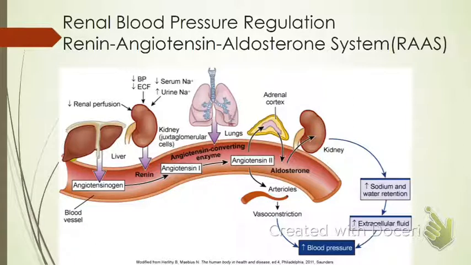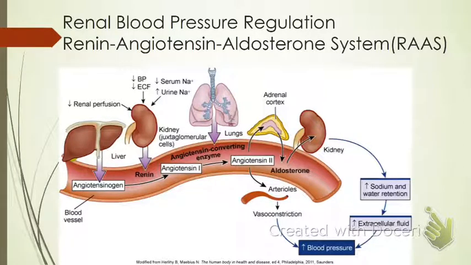The basic of this system is that it causes vasoconstriction as well on a different receptor. This angiotensin 2 at the very end of it causes vasoconstriction. So if I'm going to pull anything out of this slide, it's going to be two things.